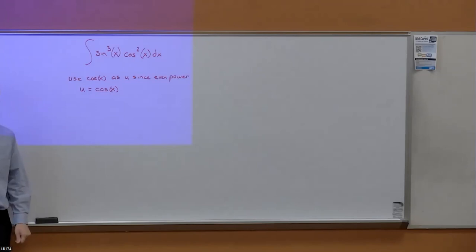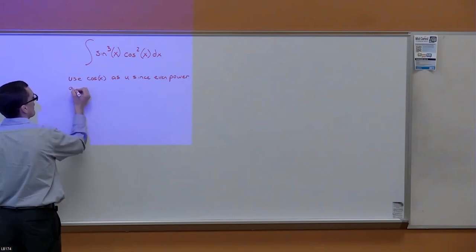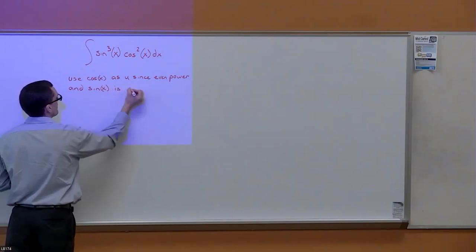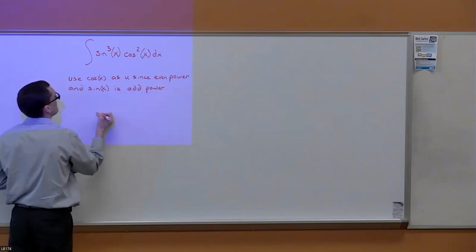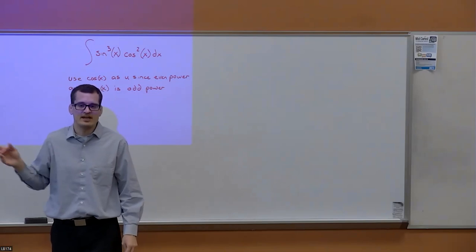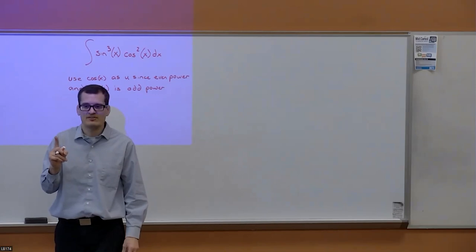And in particular, maybe even more important, the sine has an odd power. That's probably the more important reason. Okay, I'll write that down too. Sine x is an odd power. And if you look at the one we previously did, sine of x was only raised to the first degree. That was an odd power on sine of x.